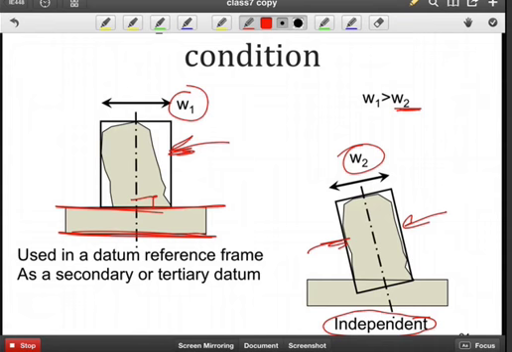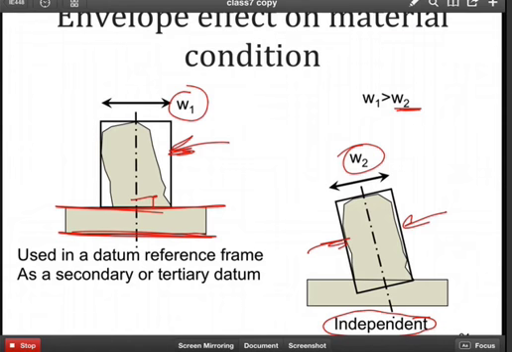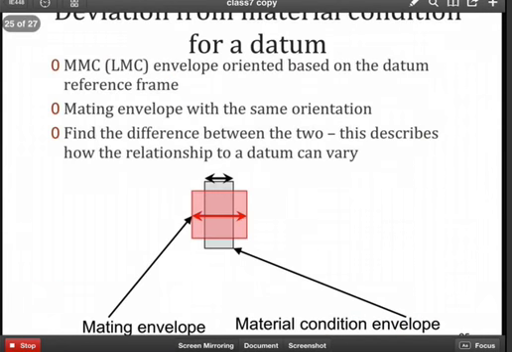So we can see that we have this effect on the material condition depending upon where we are in that order. So our envelope will affect the material condition based upon the size. So W1, again, greater than W2. And we'll see other examples of that as we go along.